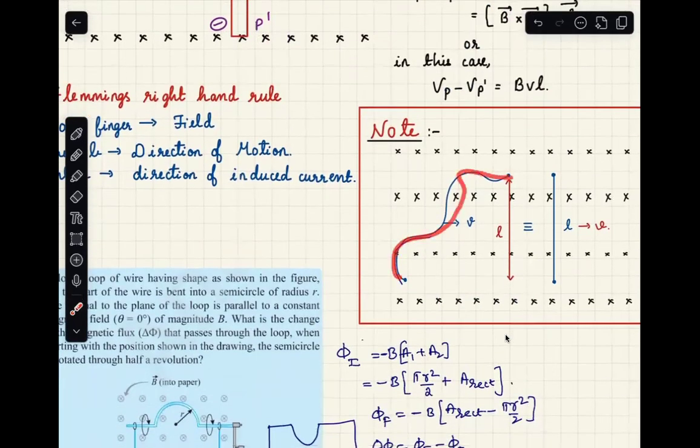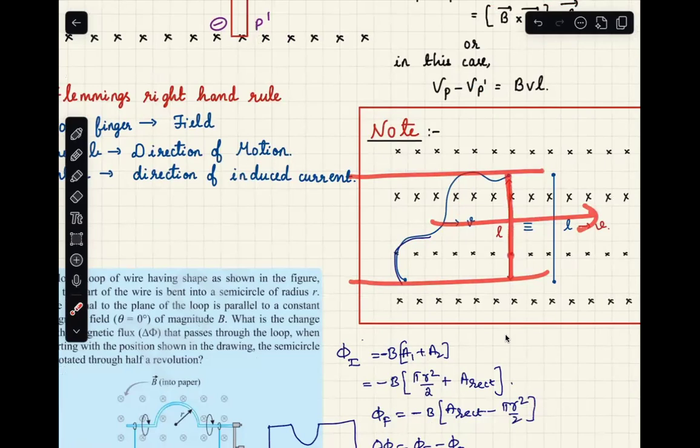Suppose the conductor is in some arbitrary shape like this. Simple. Now you take only 2 points. What is the direction of velocity? This is the direction of velocity. What is the perpendicular component of the length? Actually, this is the perpendicular component of the length, irrespective of the conductor, you project this length onto a line which is perpendicular to the velocity.